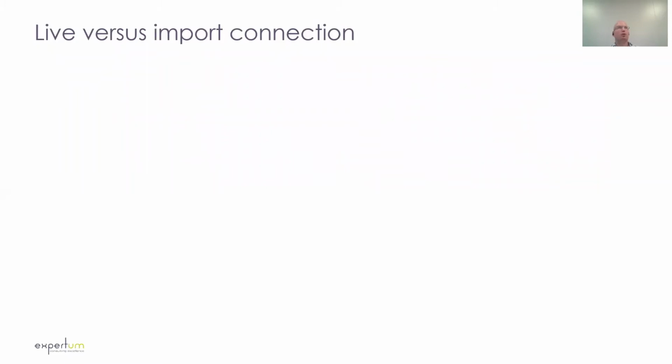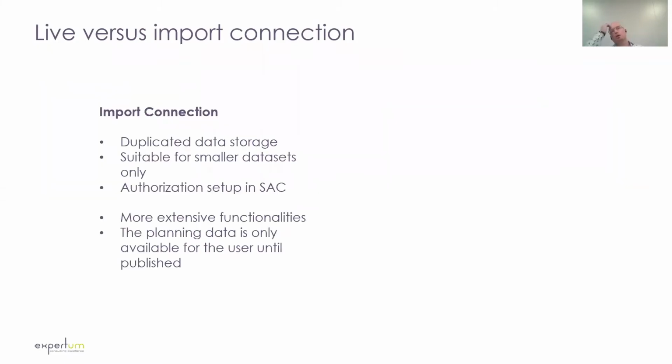A little versus for live versus import. Import connection, it duplicates data. So you load data from your BW system to your cloud system. It's quite suitable for small data sets.